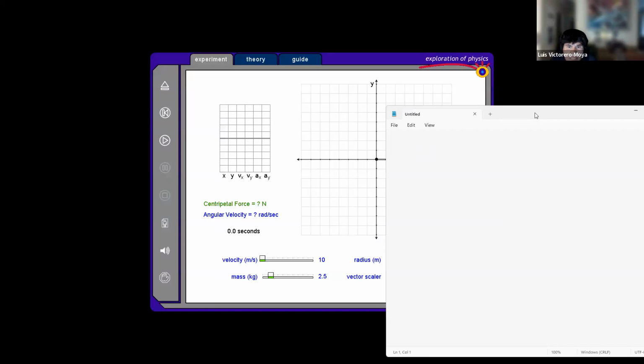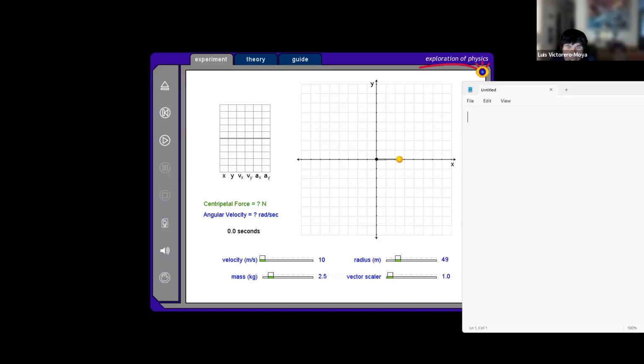We need to find a value that has several radiuses that you can use. Maybe radiuses of 10. So you can use radius of 10, 20, 30, and 40. And then you want to adjust that with a given mass. And you want centripetal force is mv squared divided by r.